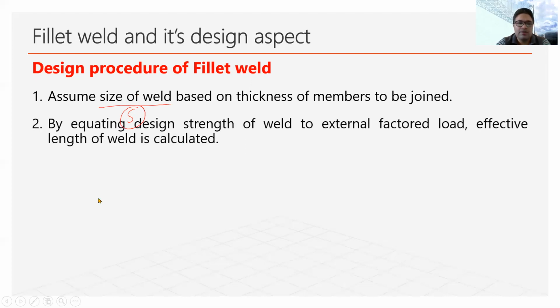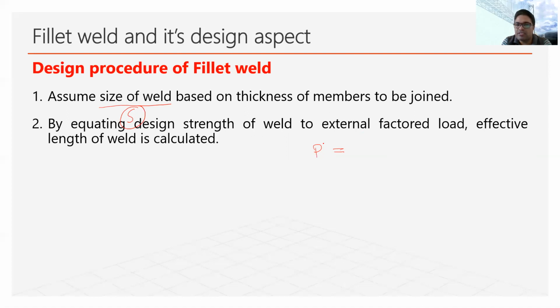Then in the next step, say for example, we are asked to design a connection for transferring a particular force, say P. What we will do is equate this P force with the strength of weld in shear, because generally a fillet weld fails under shear.